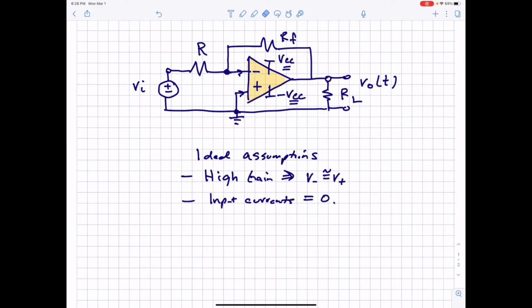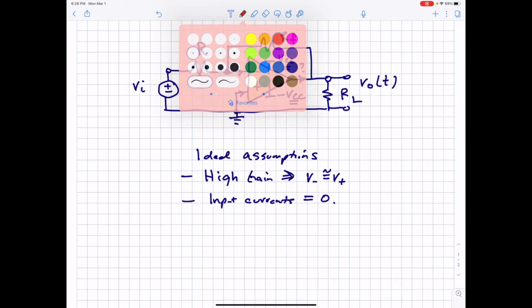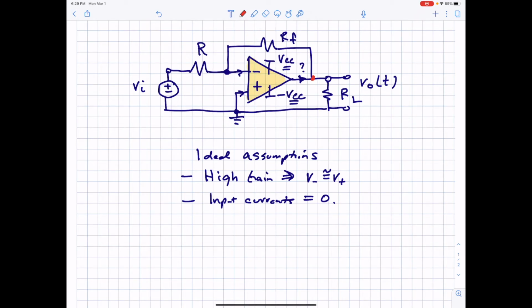One of the things that we don't know is the output current coming back into the op amp, or out of the op amp, whichever way you want to call it. We don't know this current, so we can never write a node equation at this point because we simply don't know that current coming in there.